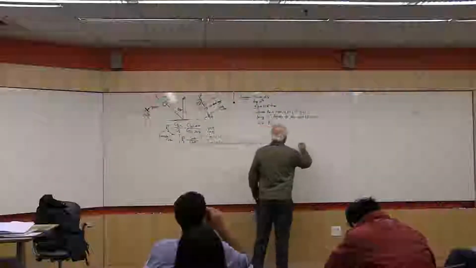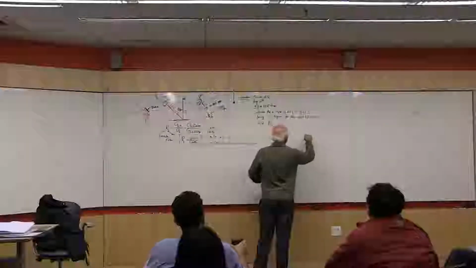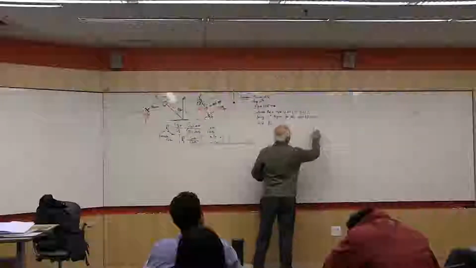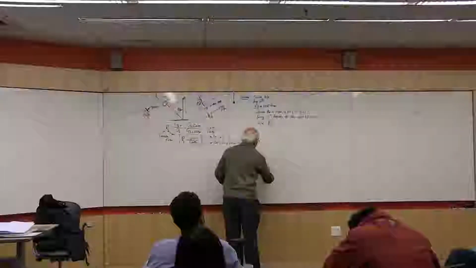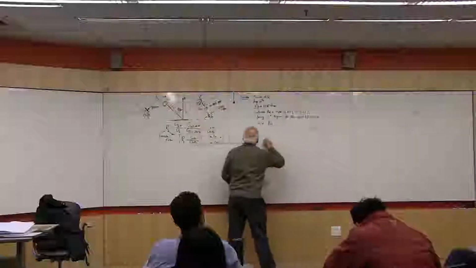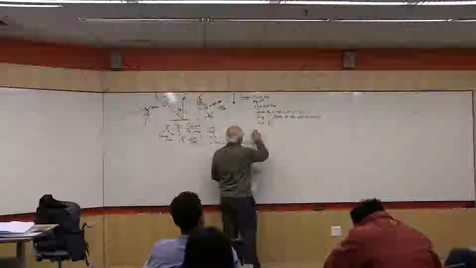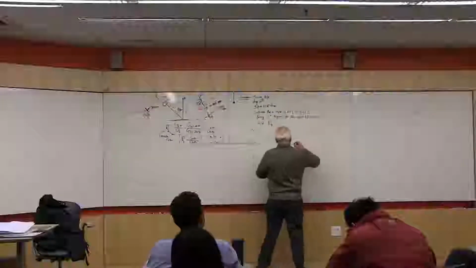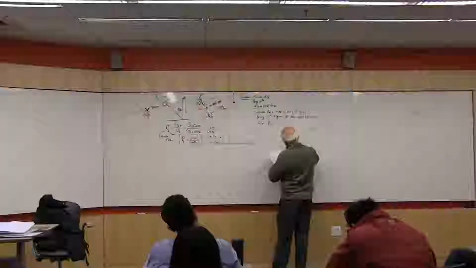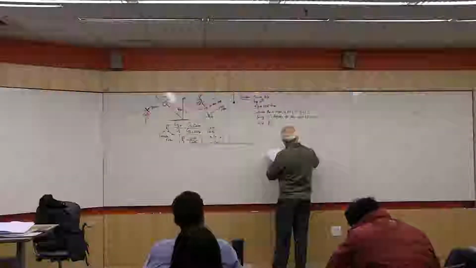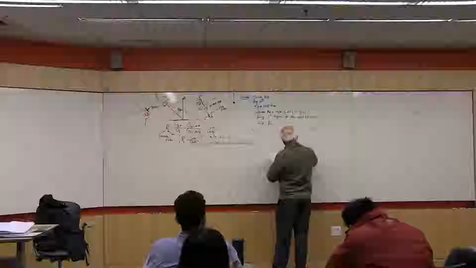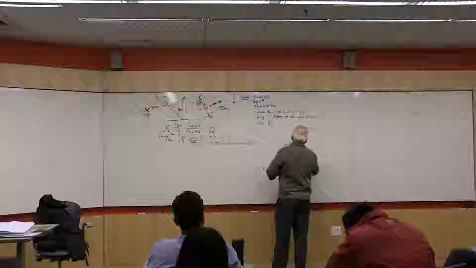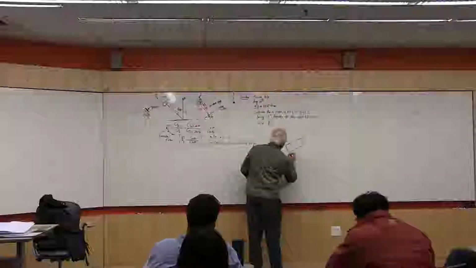First, a little sketch. If we have the north-south and the east-west, we would have, let's say, a collector, hard to show.